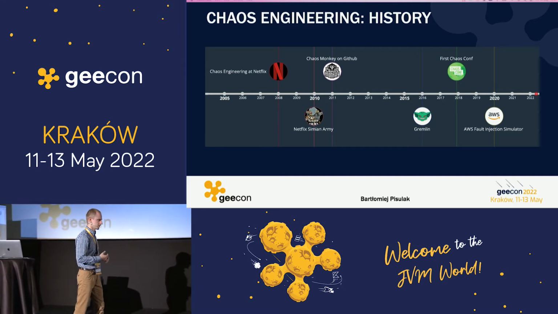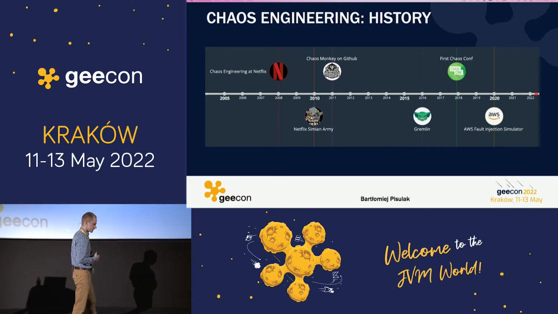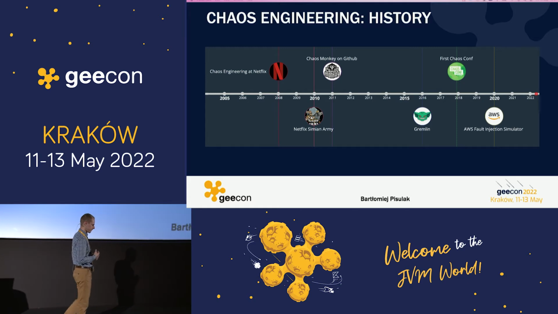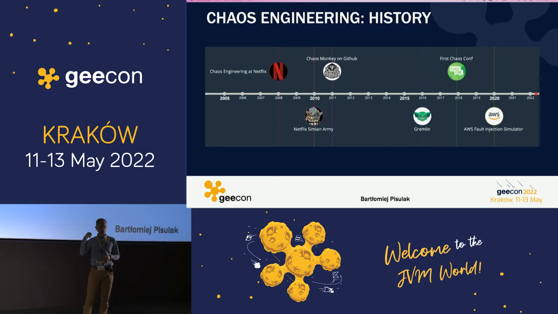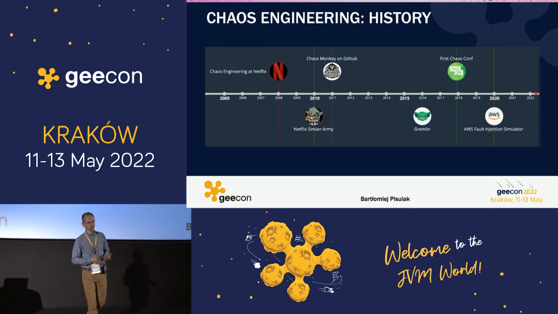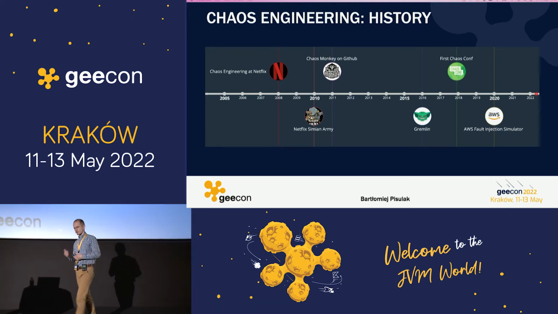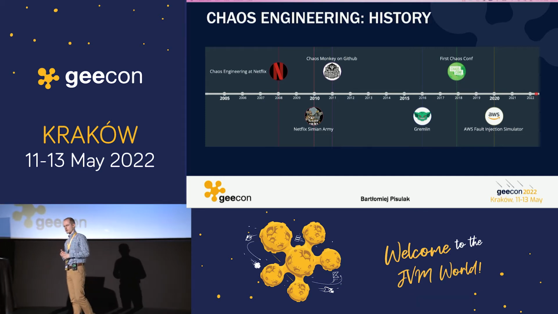And Gremlin, by the way, I put it on this timeline because this is a quite important tool. Why is it important? Because it was created by people who used to work for Netflix on chaos engineering. So basically they built it on the fundamentals of what they learned there.